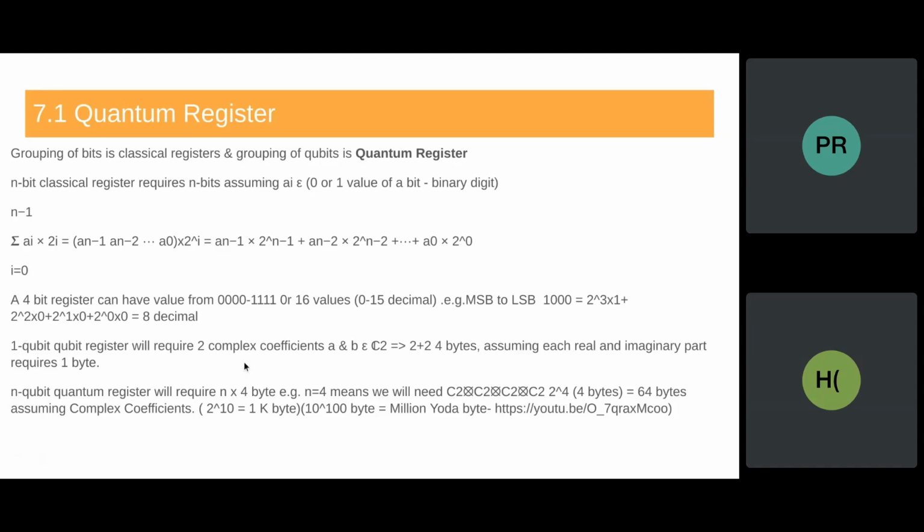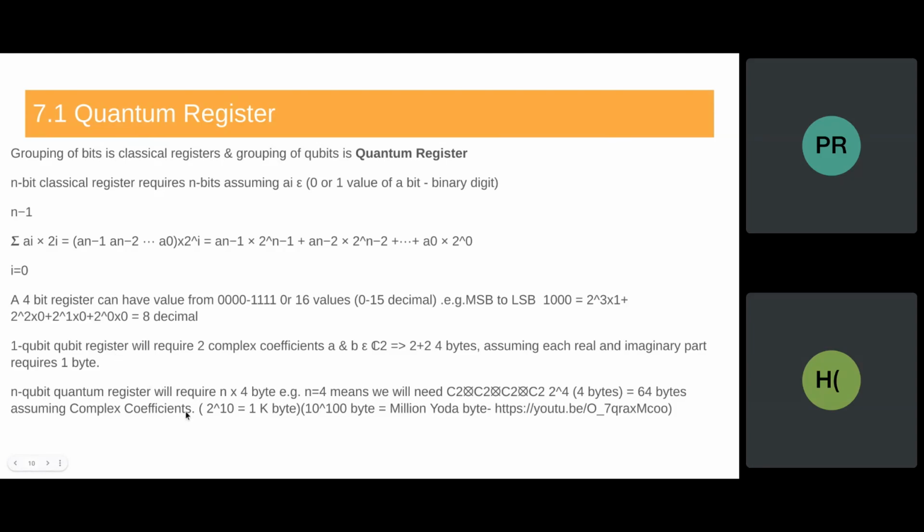The same 1 qubit register will require two complex coefficients, A and B, or alpha 0 and alpha 1, whatever you call them. So we require 2 bytes for A, which is complex, and 2 bytes for B, which is complex. So we require 4 classical bytes to represent 1 qubit.